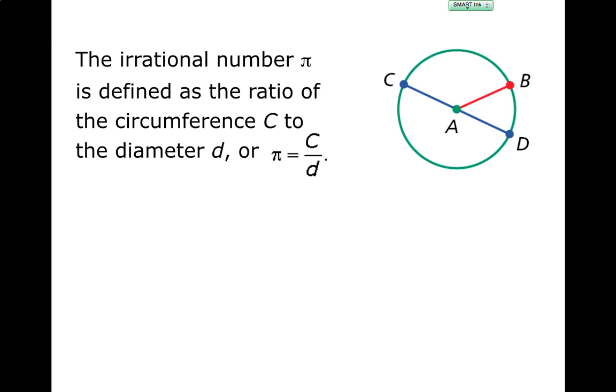Pi is defined by, as we talked about on Pi Day, the distance around the circle divided by the distance across the circle. The distance across the circle is diameter, distance around it is circumference, like perimeter. So this is where they came up with the value of pi. Pi is just defined to be circumference divided by diameter.